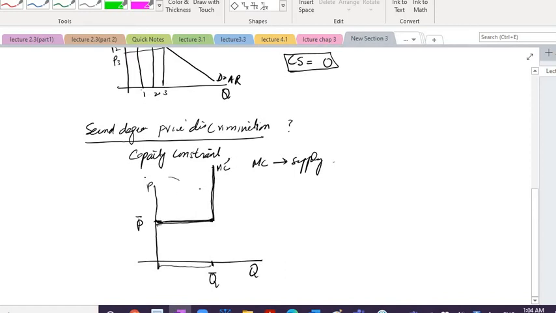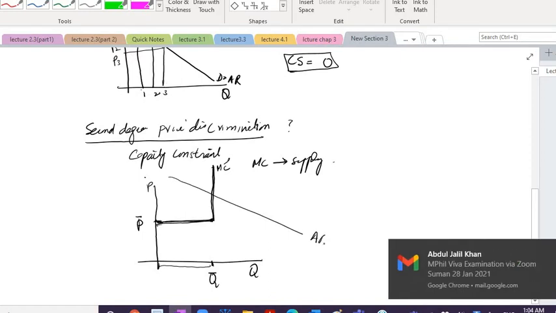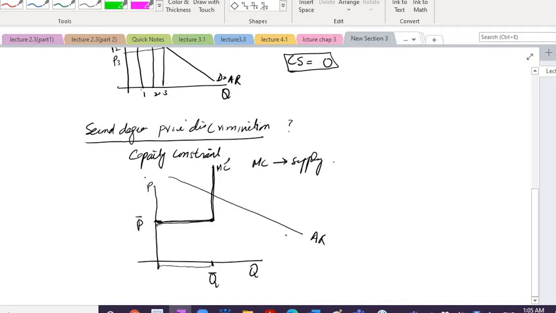If I add here AR, which is also the demand function, and MR. According to the equilibrium condition, the quantity is produced at the level where MR equals MC.